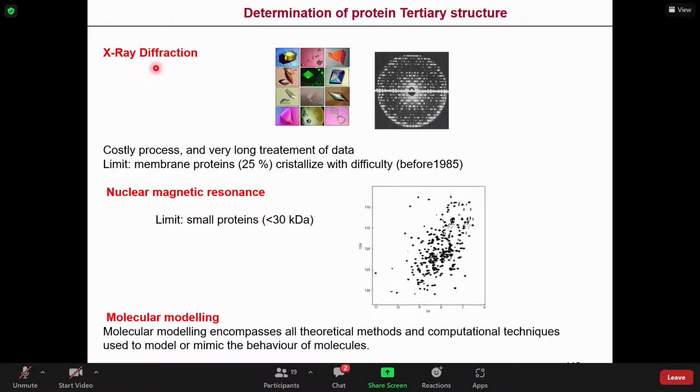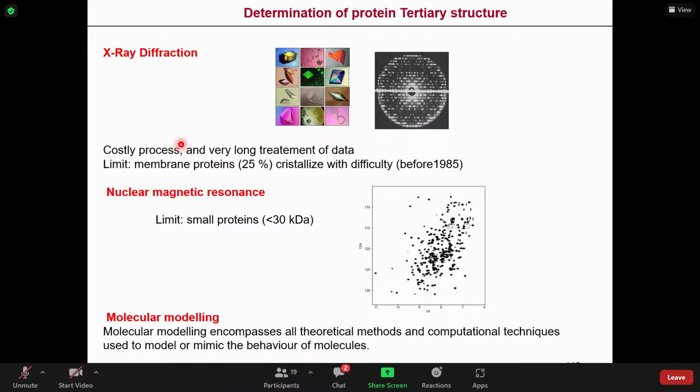So X-ray diffraction means that you have the 3D structure of a protein in a solid state, so not in the physiological state, because when the protein becomes solid, it can change its conformation.